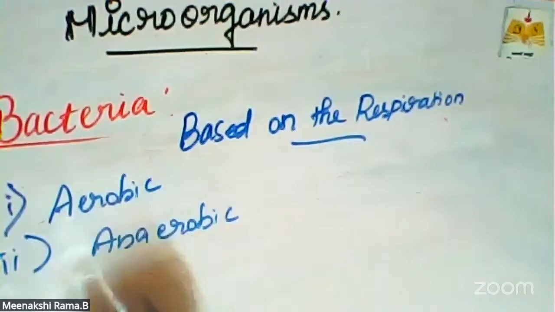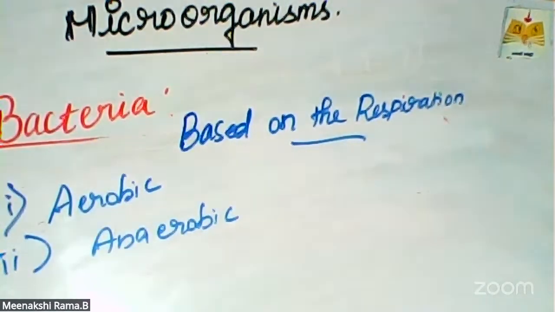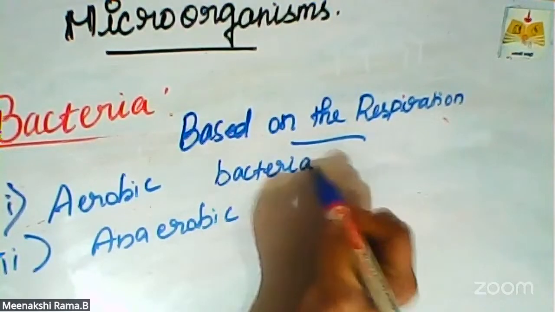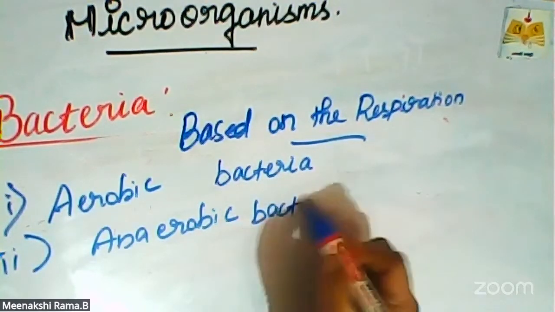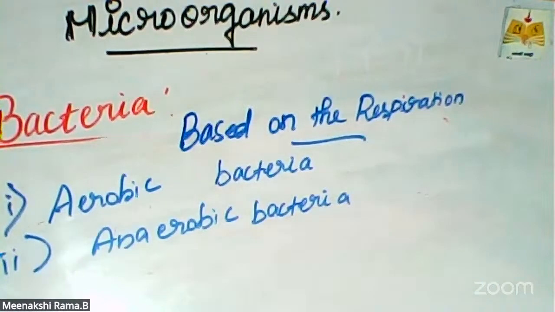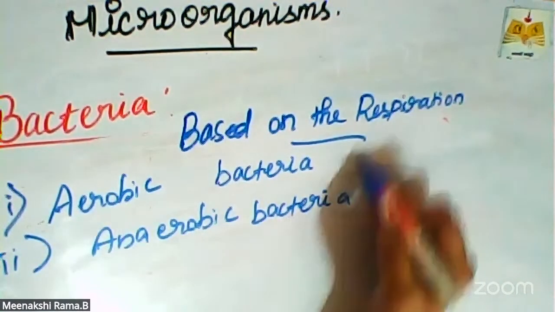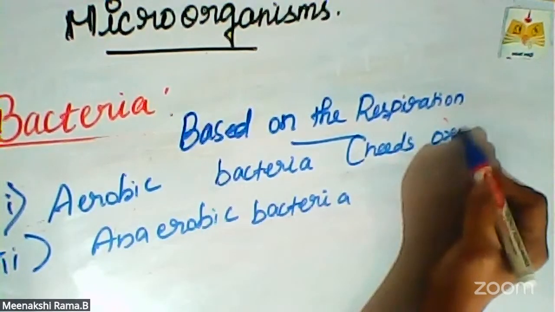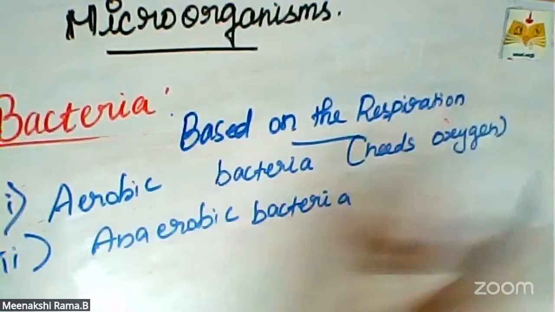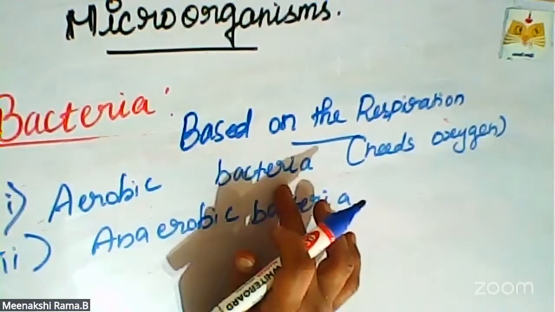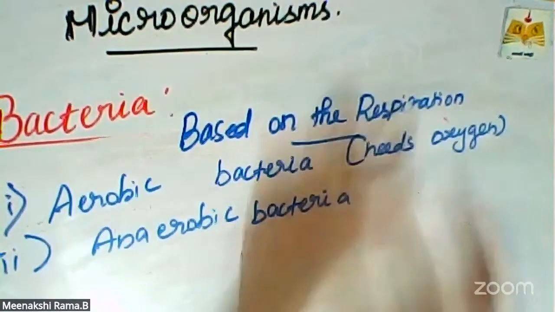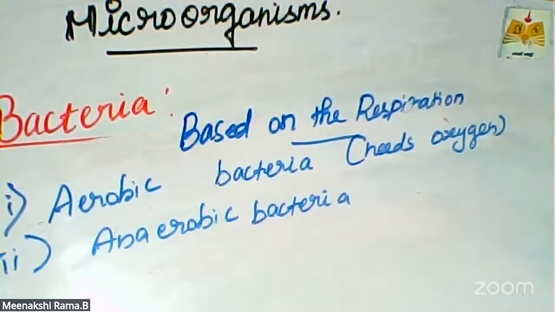Aerobic bacteria need oxygen for respiration. So this kind of aerobic bacteria need oxygen for the respiration process.